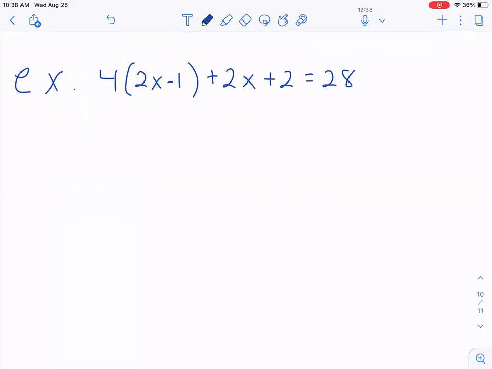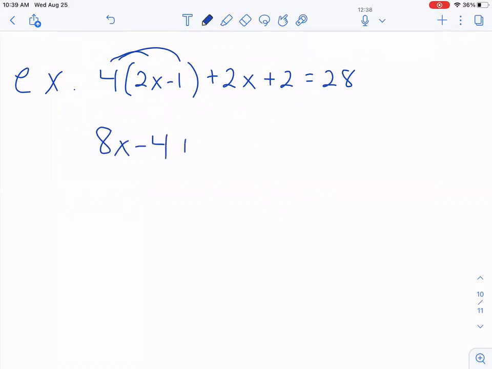So I have 4 times 2x minus 1 plus 2x plus 2 equals 28. What do we do first? Yes, distribute. Very good. We're going to distribute the 4, and we get 8x minus 4.